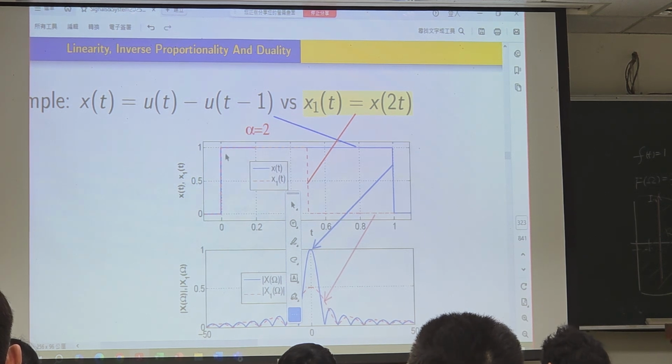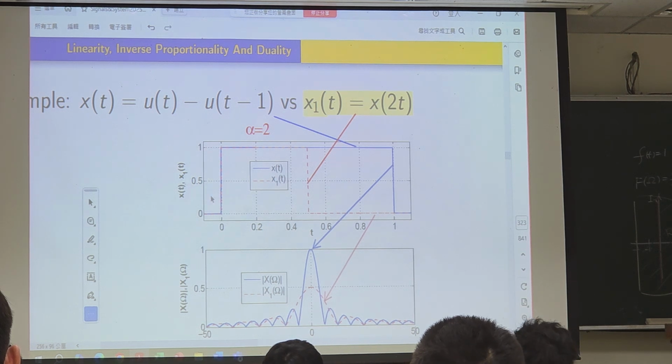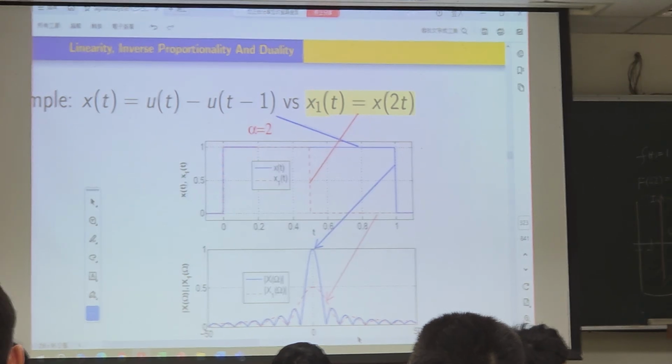Originally, we had the blue line, the x of t, and the corresponding Fourier transform is this one. This is the Fourier transform of the x of t of the blue line. But now, if we compress the function, so if we have the red one, the function becomes narrow, becomes compressed. Then the corresponding Fourier transform becomes this one, the red one. So in the frequency domain, the response is stretched.